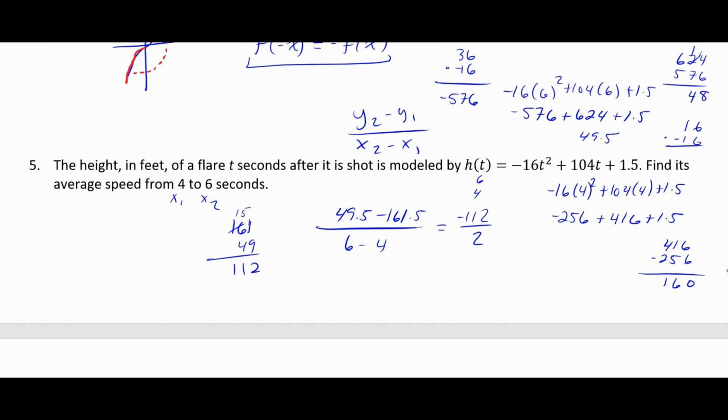And then negative 112 divided by 2, we can simplify that to be negative 56. And I also want to keep in mind the units. The numerator is in feet and the denominator is in seconds. So negative 56 feet per second.